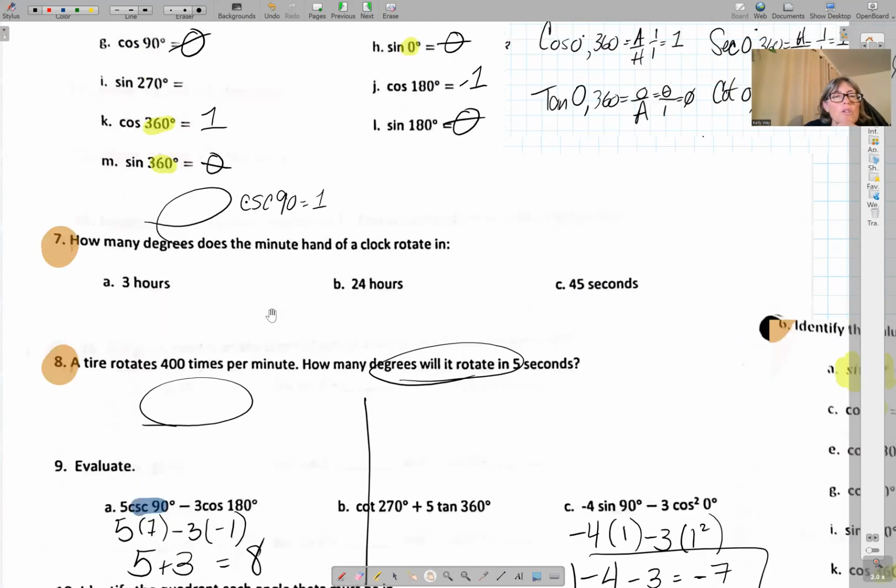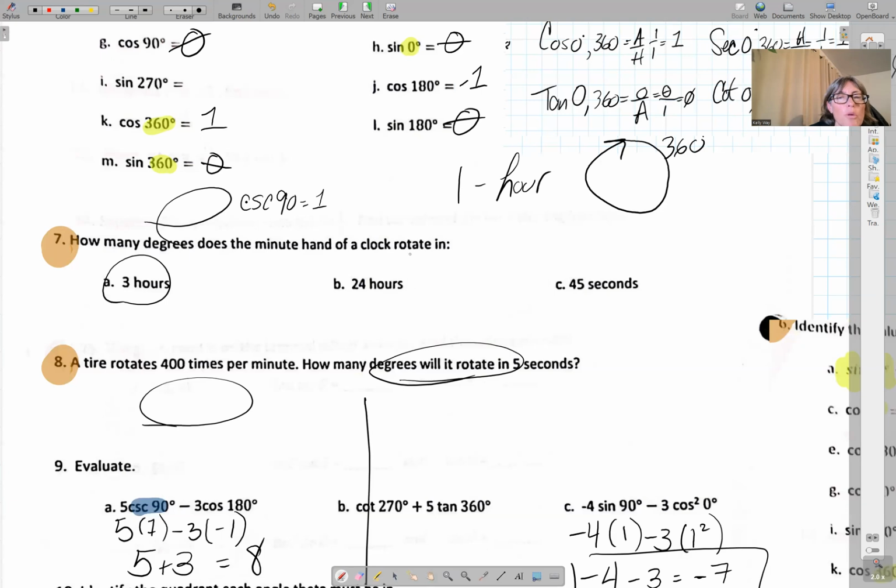Okay, so how many degrees does a minute hand clock rotate in 3 hours? So you have to think that 1 hour, by definition, is going to be 360 degrees. So just keep that simple truth in mind.